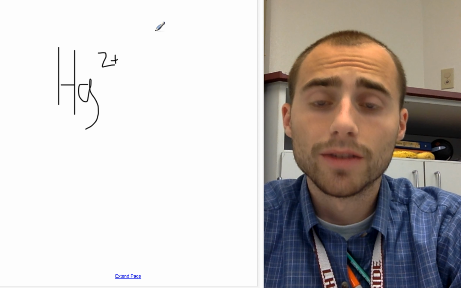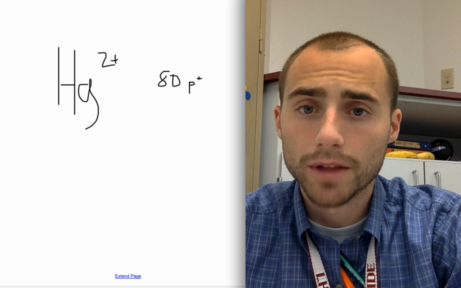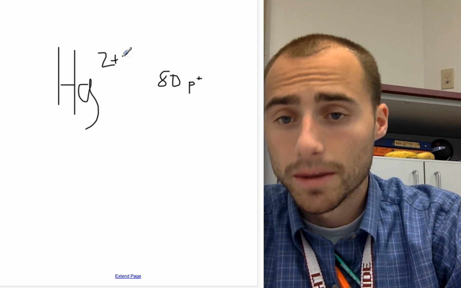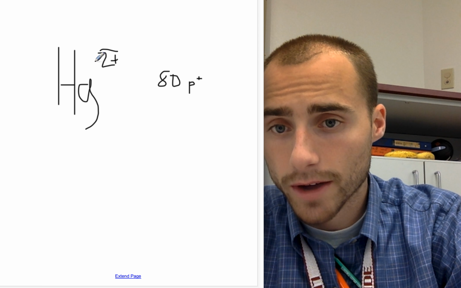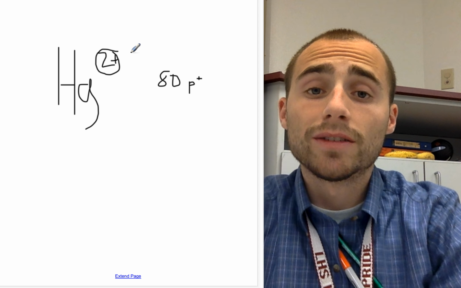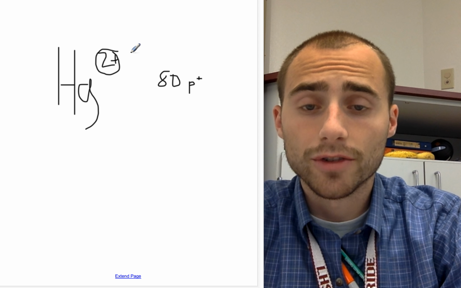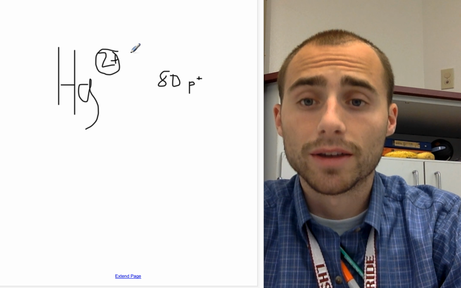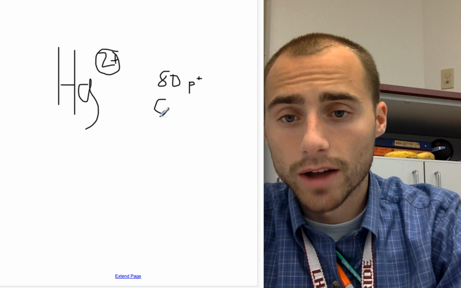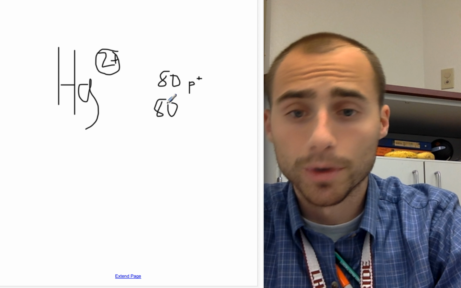That's what makes Hg Hg, is because it has 80 protons. That will never ever, for the history of life, change. But because it's an ion, right here, 2+, that means it has lost 2 electrons. It has a positive charge, so it has to have more protons than electrons. Typically, it'll have 80 electrons, right? Because it's the same as protons.